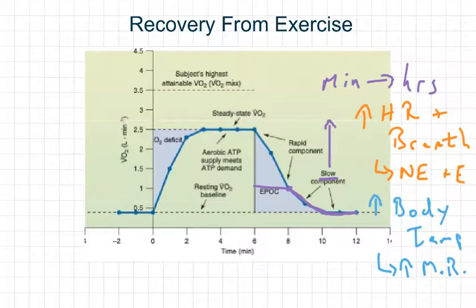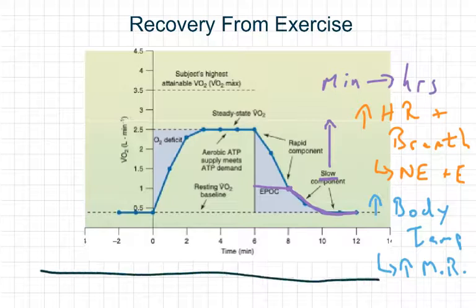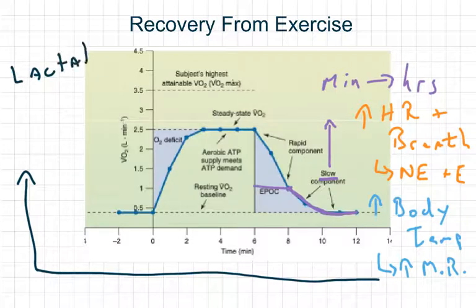And this is mainly due to the continued increase in the metabolic rate post-exercise. And finally, probably the most important portion of the slow component of EPOC is the conversion of lactate to glucose. And this occurs via the Cori cycle.